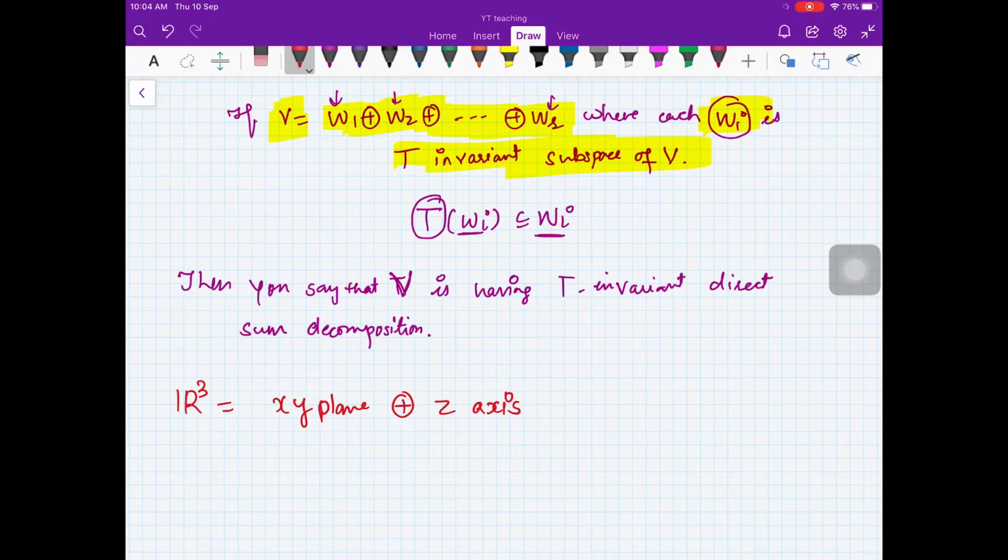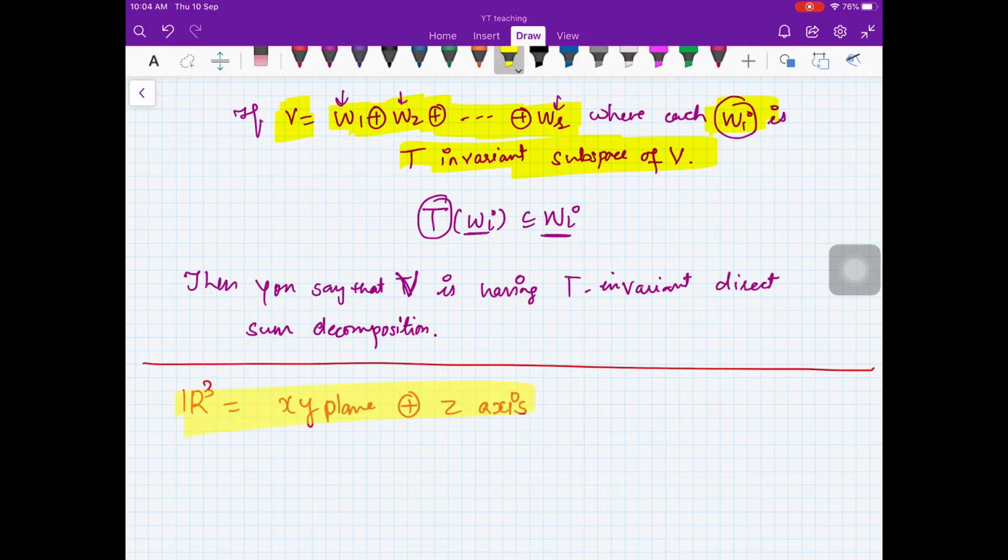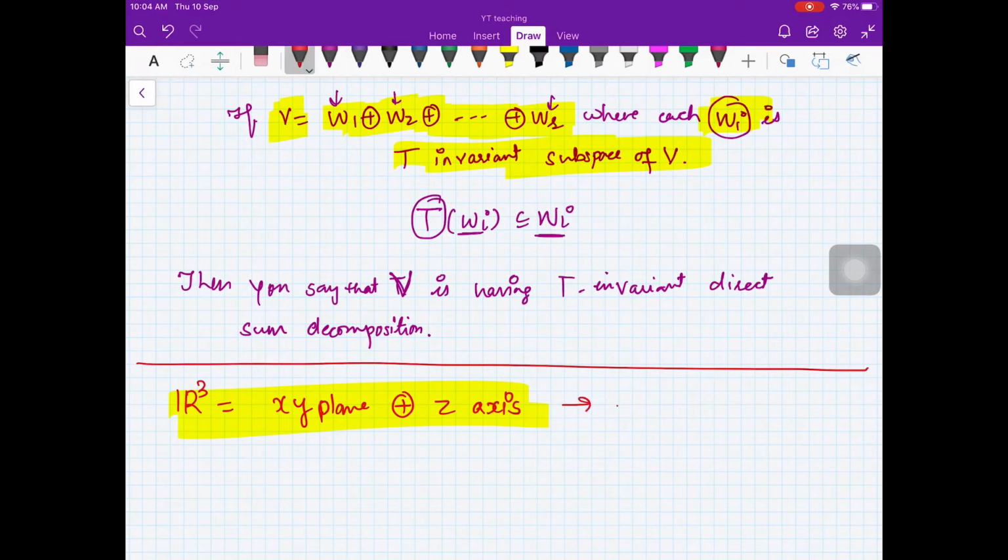Till now this is the direct sum decomposition of R3. There is no T involved, so we are not talking about T invariant.